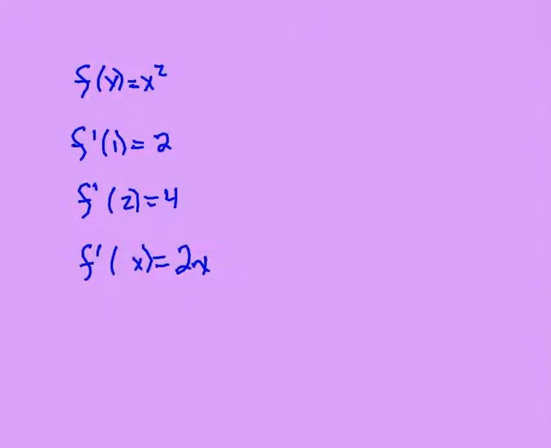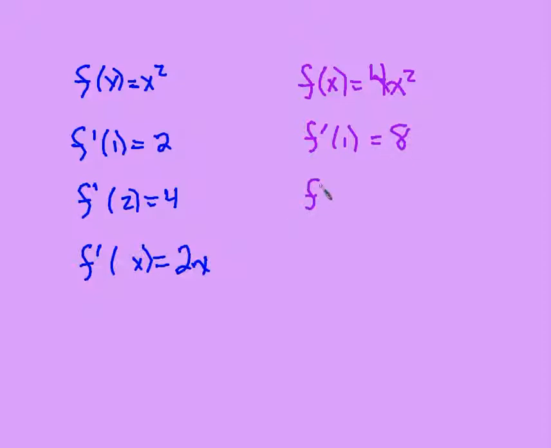And then if our original function is 4x squared, well, the derivative at 1 of the 4x squared is going to be 4 times as steep as the original function. So this is going to be 8.